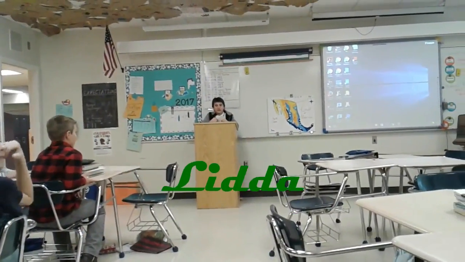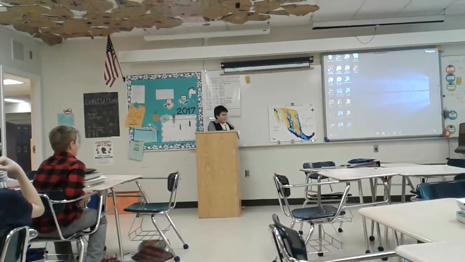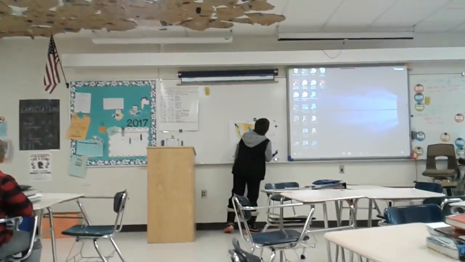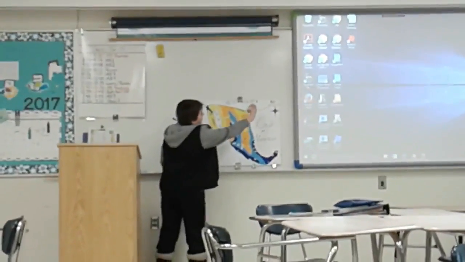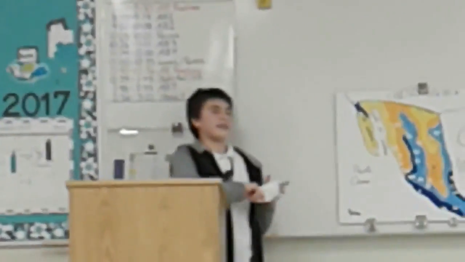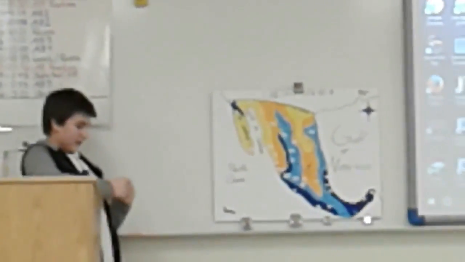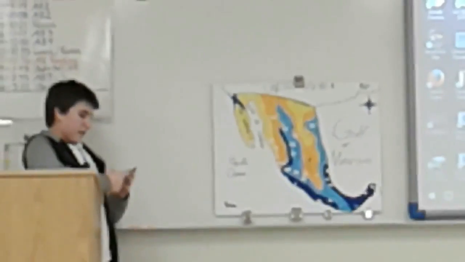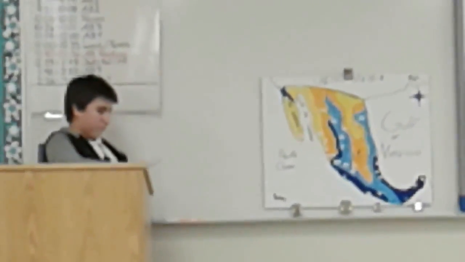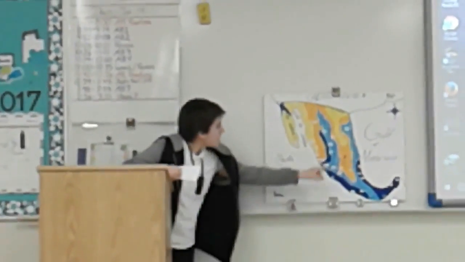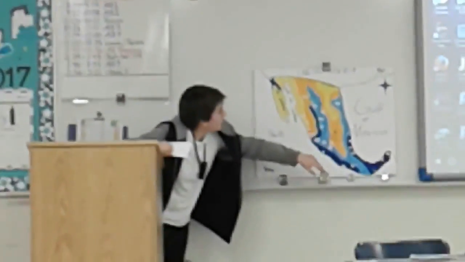And two different temperatures in Mexico is, well, it's up here. We have the tropical and the semi-arid, which means desert, of course. The most people in Mexico live in Mexico City, which is pretty much obvious.